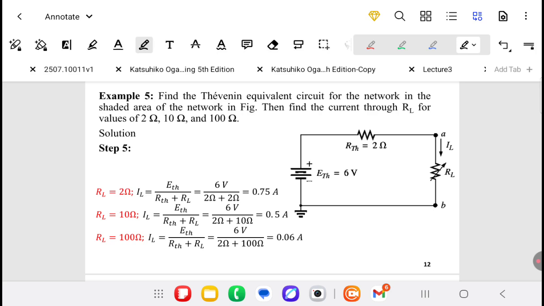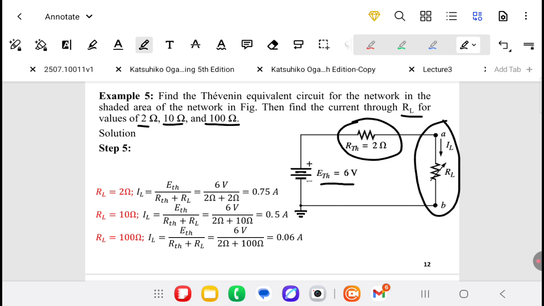Now we can find the current through the load resistance for different values of RL: 2 ohm, 10 ohm and 100 ohm. We calculate IL by dividing the terminal voltage, or Thevenin voltage, by the total resistance, which is the summation of R Thevenin and RL. Then IL equals E Thevenin divided by R Thevenin plus RL.